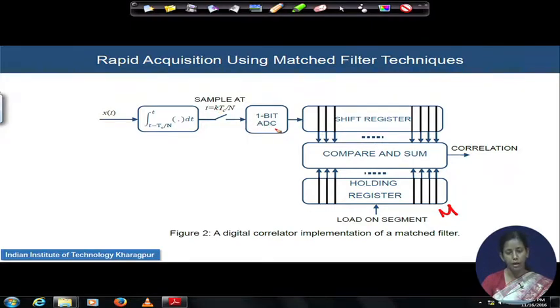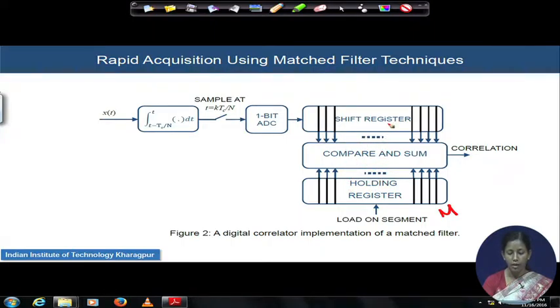And here per symbol you get 1 bit, and inside the shift register, whenever a new bit enters, the last bit goes out, and all the bits stored in the shift register get compared inside this comparator block one by one.